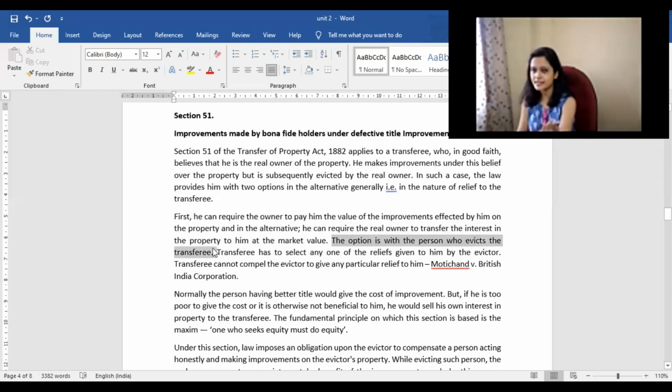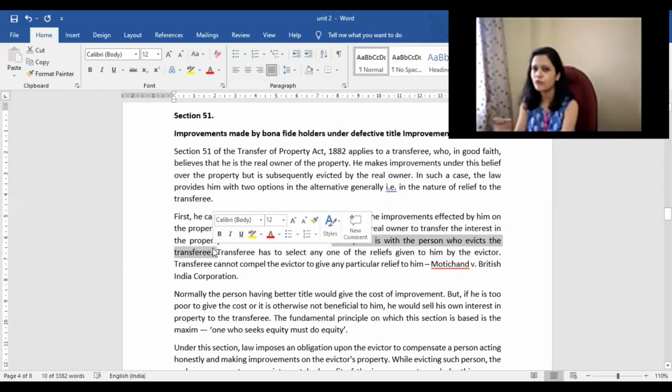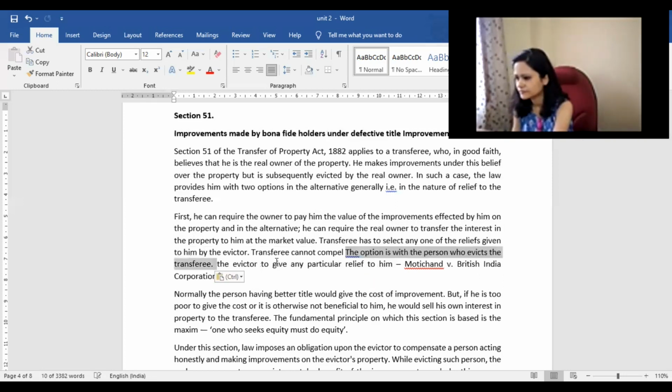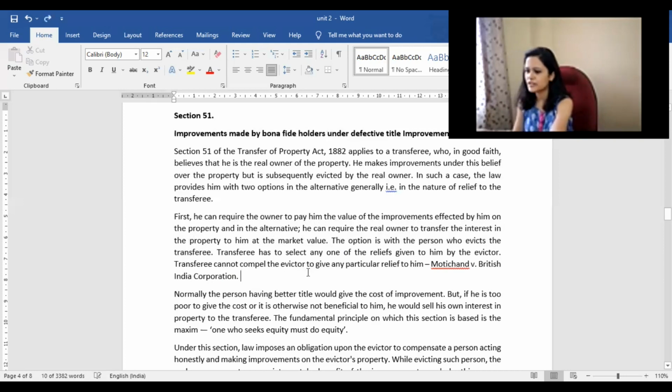Whoever is removing this person is going to have these two options, either to give the money or to transfer the property to the person. Transferee has to select one of the reliefs given to him by the evictor. Transferee cannot compel the evictor to give a particular relief to him.